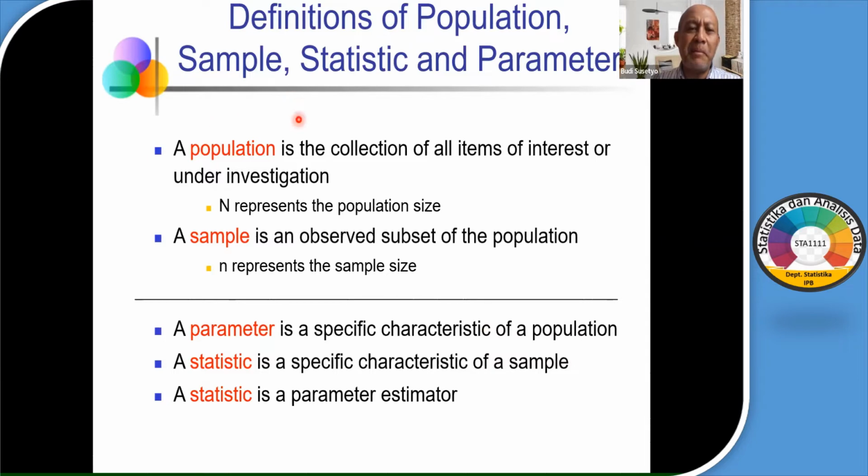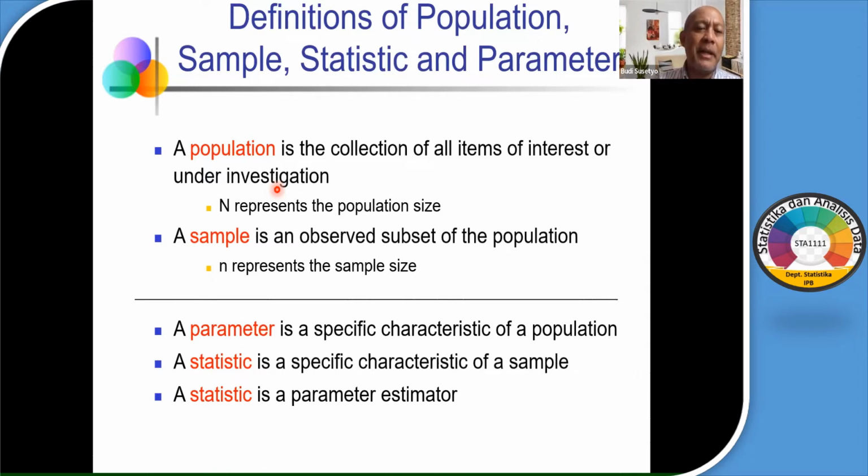For example, I define population as all students in my class, and then I ask you how much you spend every month for food, and then I collect the data from all of you.